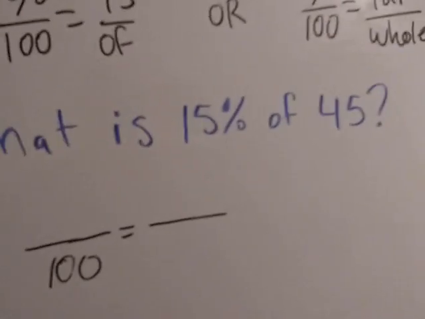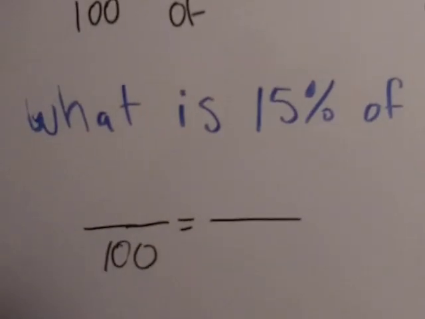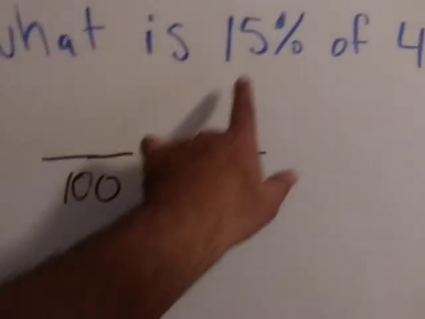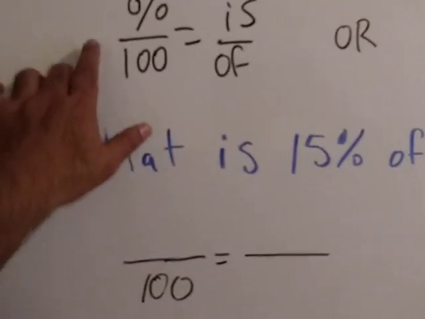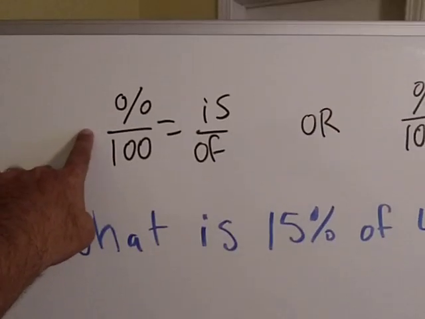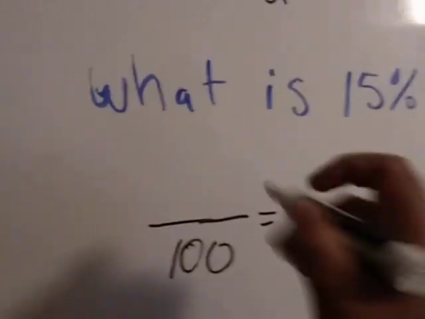That's always there. Okay, so now all we have to do is think about it. We are given the percentage, right? The percentage goes on top of the 100, such as in the question here, in the formula. So we would put the 15 on the top here.